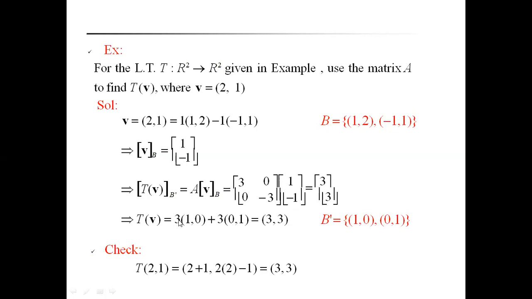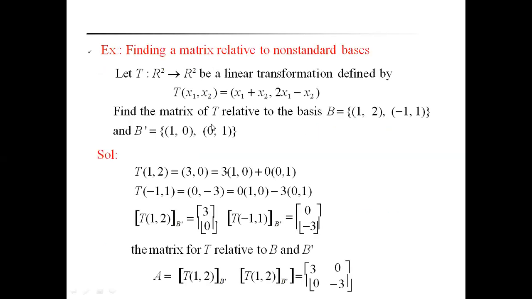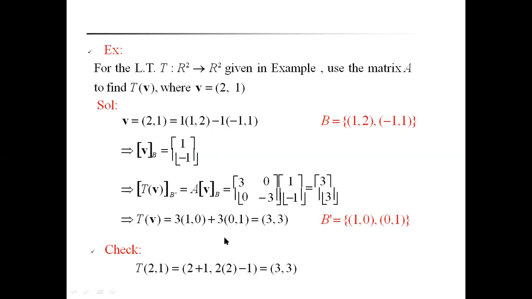Therefore, T of V can be written as a linear combination of the basis vectors of B dash. B dash is {(1, 0), (0, 1)}. Therefore, 3 times (1, 0) plus 3 times (0, 1) is equal to (3, 3). The column matrix can always be written in the form of a linear transformation, that is, in the form of coordinates of an ordered pair, which is (3, 3).